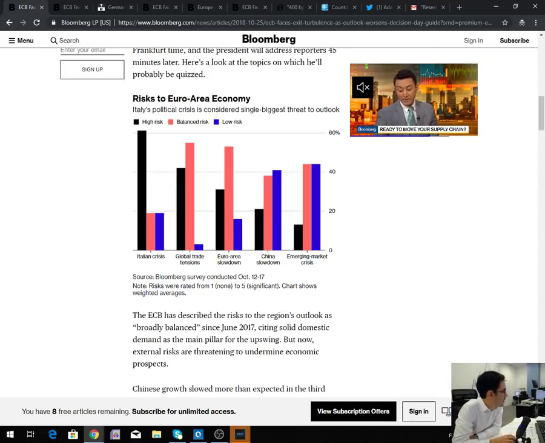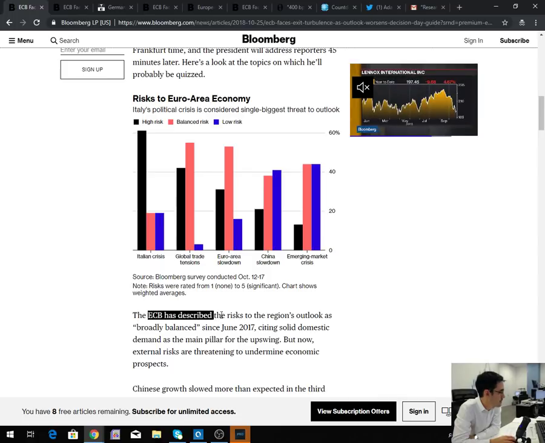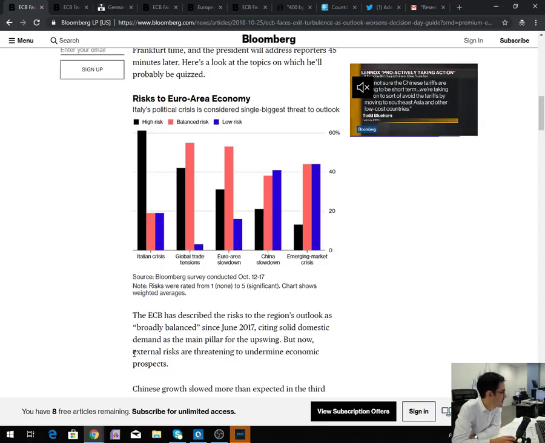So the terminology at the moment, which has been in action by the central bank, is that the ECB has described the risks to the region's outlook as broadly balanced since June of 2017. They've cited domestic demand as the main pillar for the upswing, but this is the problem: it's the external risks that are threatening to undermine economic prospects.